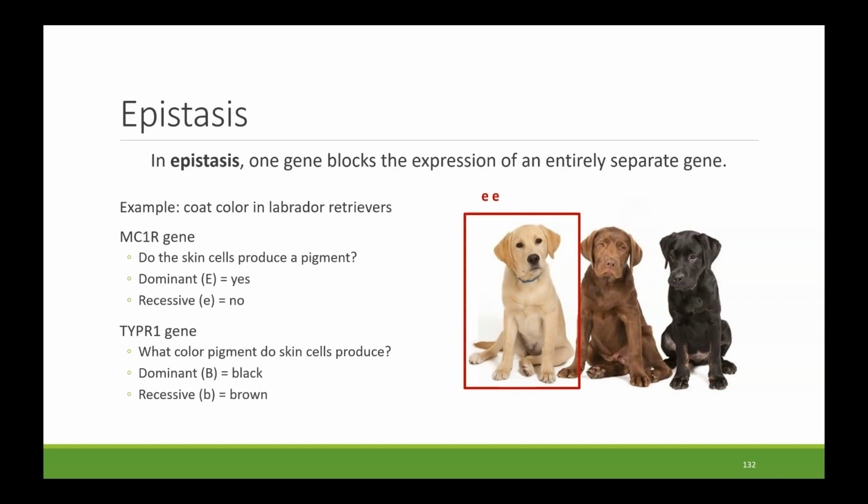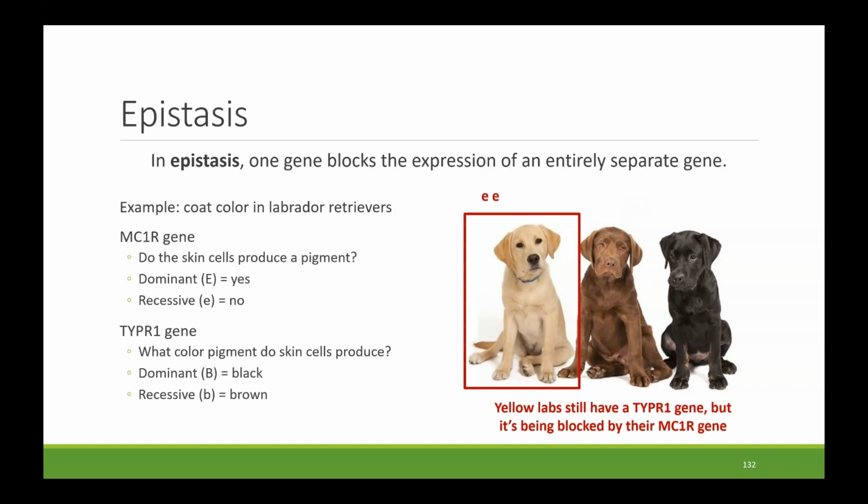That's because they have a homozygous recessive genotype for their MC1R gene, little e, little e, which tells their cells not to make pigment. They still have a TYRP1 gene in their chromosomes, but its expression is being suppressed by their MC1R gene. So I like to say that every yellow lab is secretly a chocolate lab or a black lab, and we just don't know it.